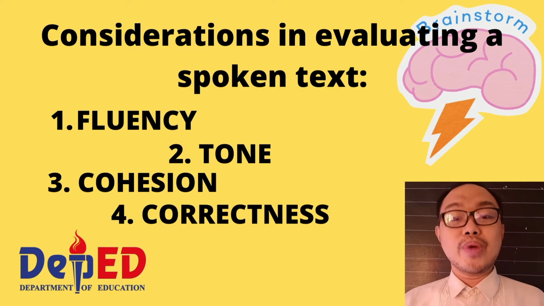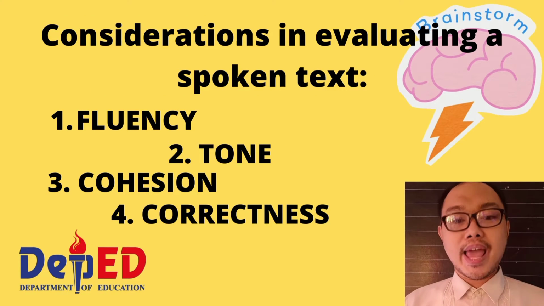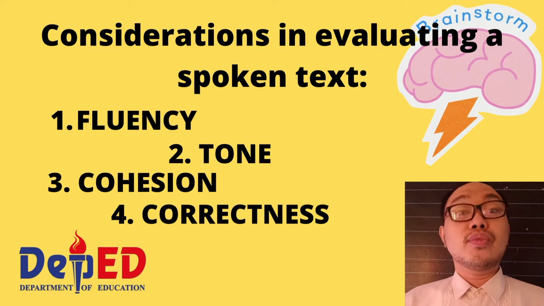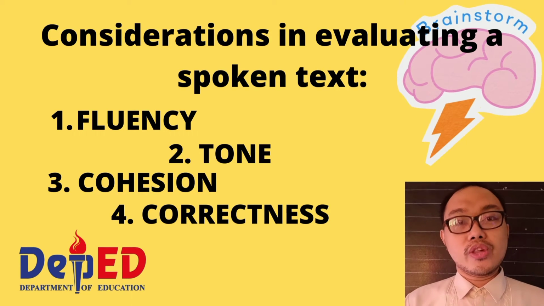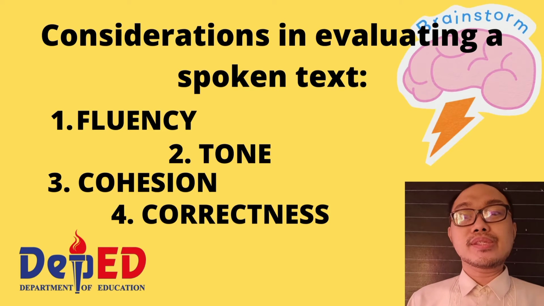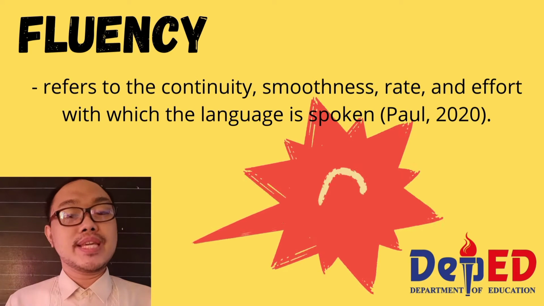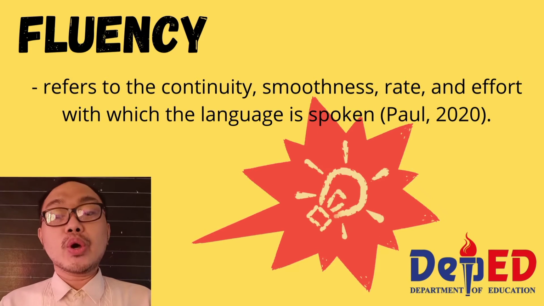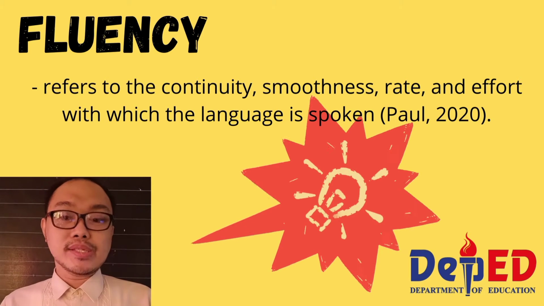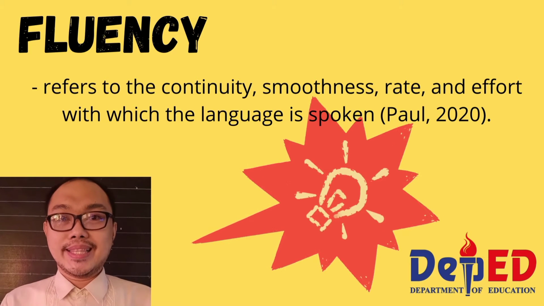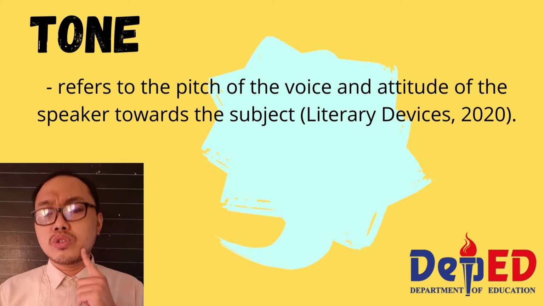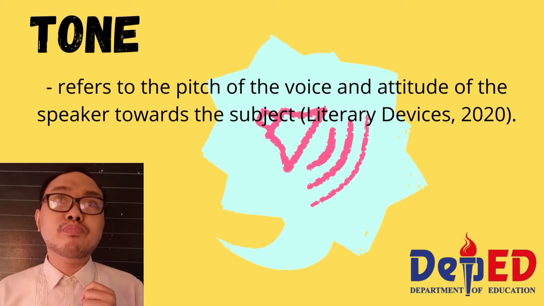There are some considerations in evaluating a spoken text. First, fluency. Second, tone. Third, cohesion. And fourth, correctness. What is fluency? It refers to the continuity, smoothness, rate, and effort with which the language is spoken. How about tone?